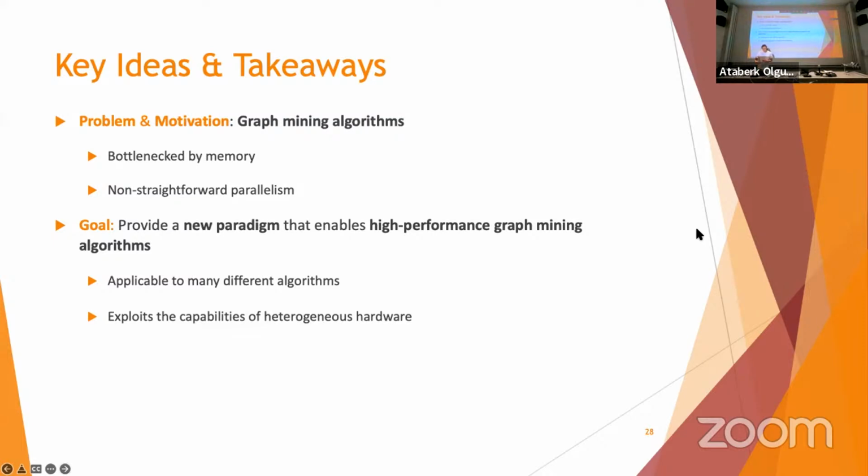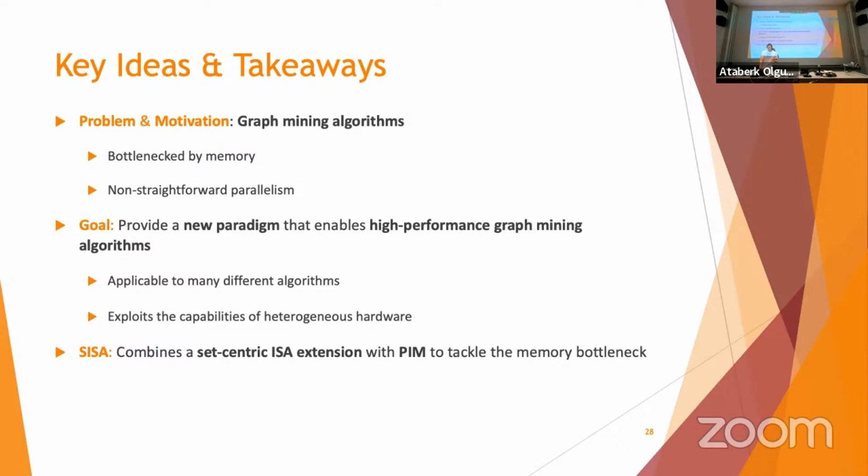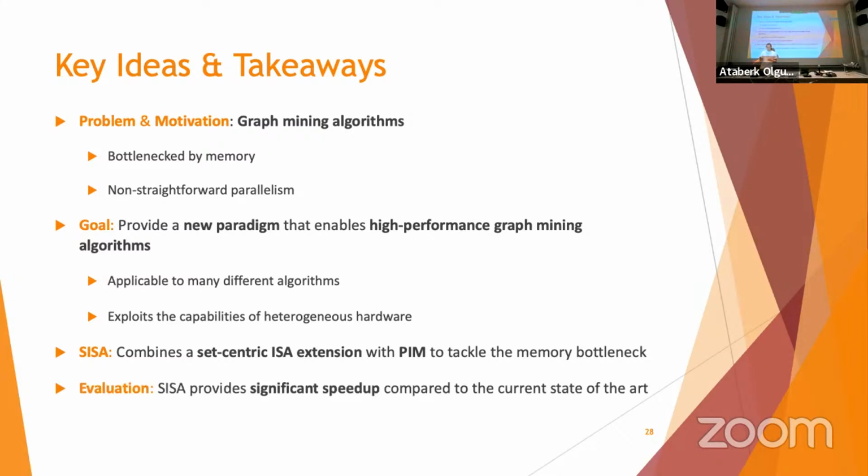To enable high-performance graph mining algorithms, we found out that it was applicable to many different algorithms, and it exploited the hardware features of processing using memory and processing near memory. We used SISA, the set-centric ISA extension, in combination with processing in memory, and we actually achieved significant speedup.